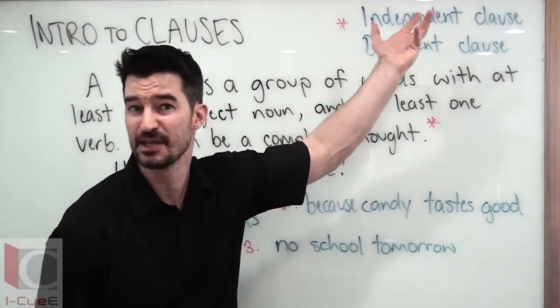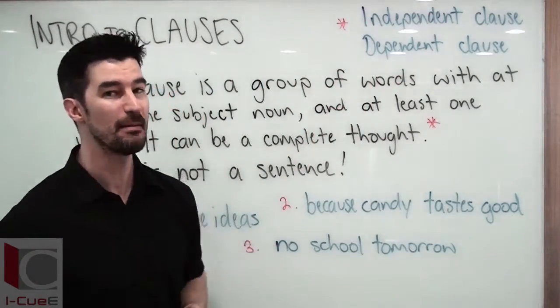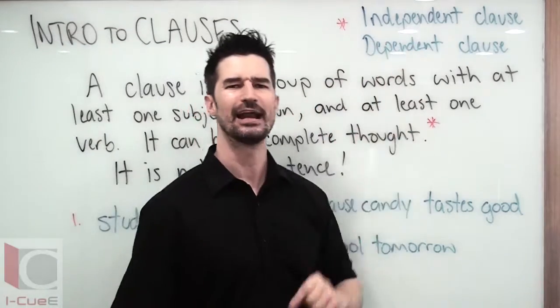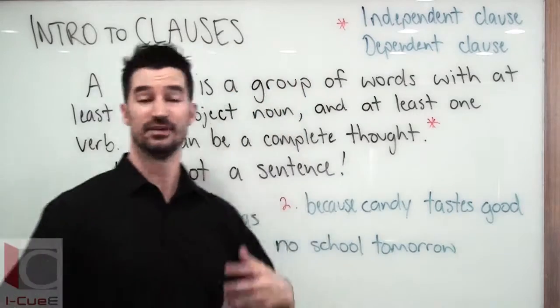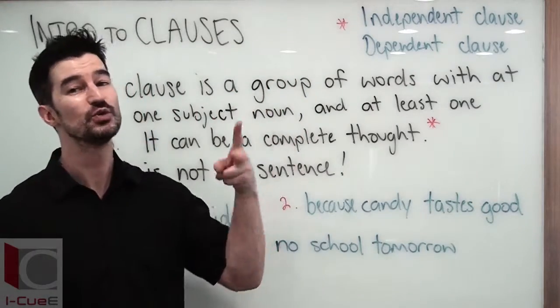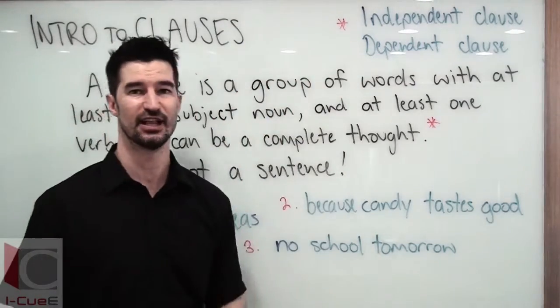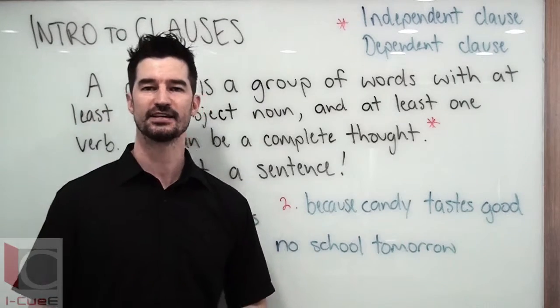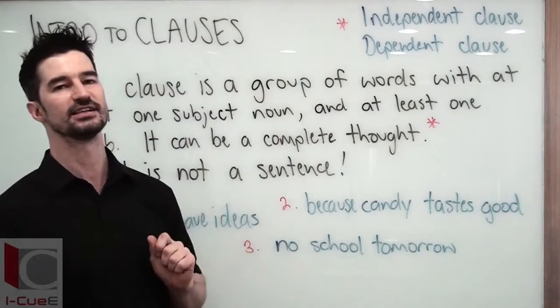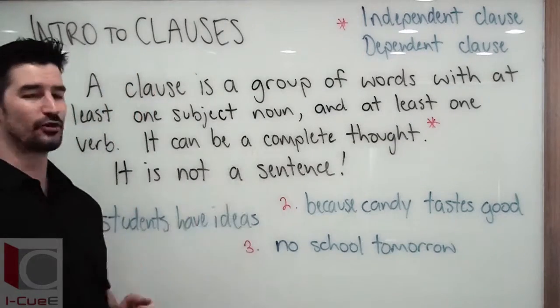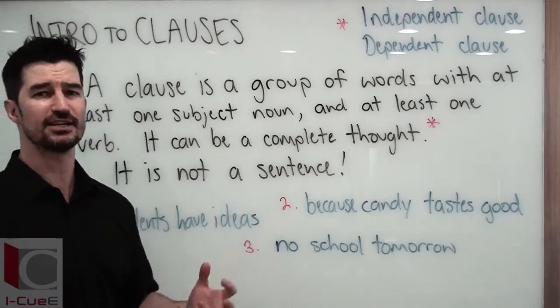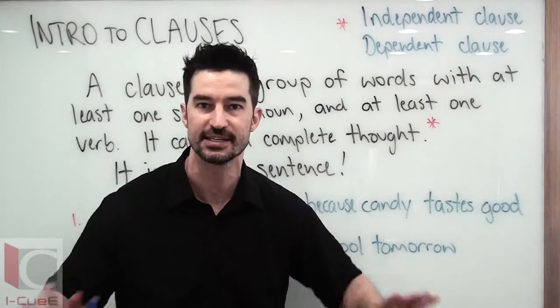They don't have to be alone, but the important thing to remember is that anyone or anything that is independent can be alone. So, that's the difference between the two kinds of clauses. Independent clauses are complete thoughts. Dependent clauses are not.